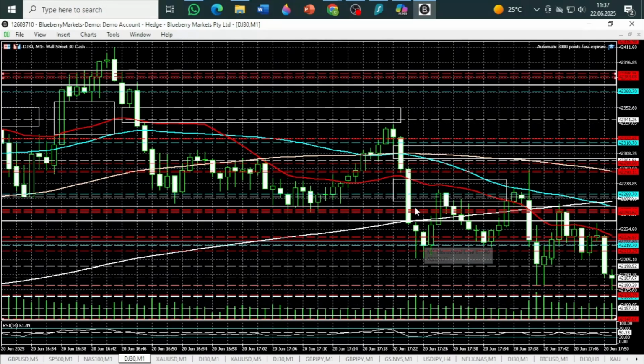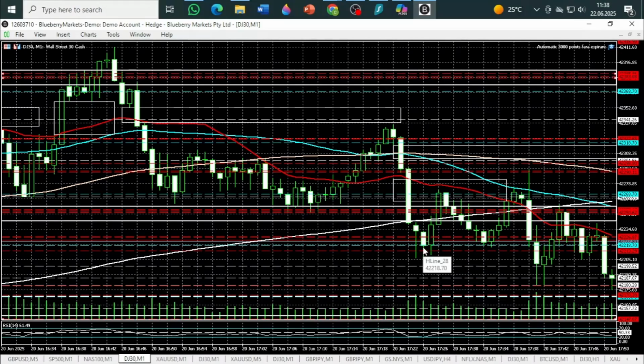We can see another fair value gap here, another fair value gap here. We can see the wick of this.